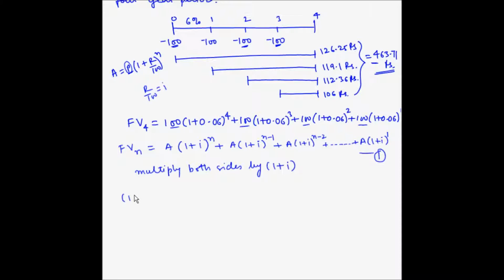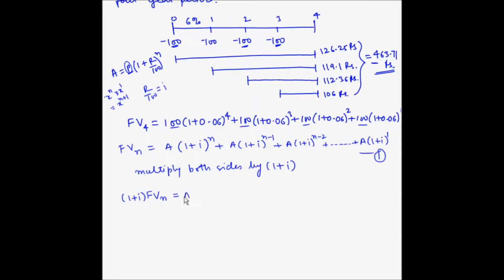So then we'll get 1 plus I into FVN is equal to, now every term will get multiplied by 1 plus I. So now we know that x to the power n into x to the power 1 is x to the power n plus 1. So basically A into 1 plus I to the power n multiplied by 1 plus I to the power 1.